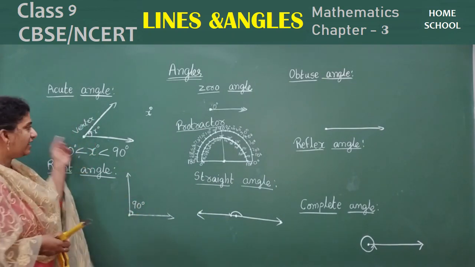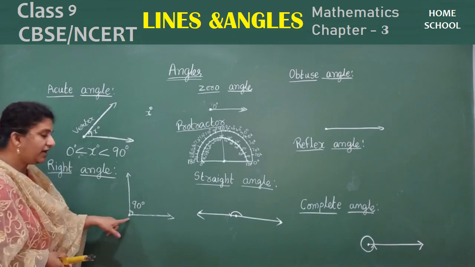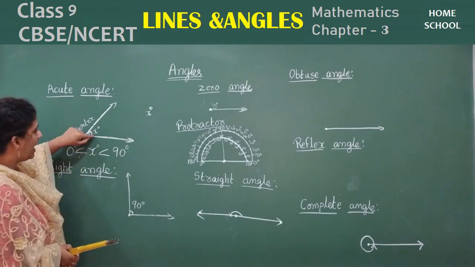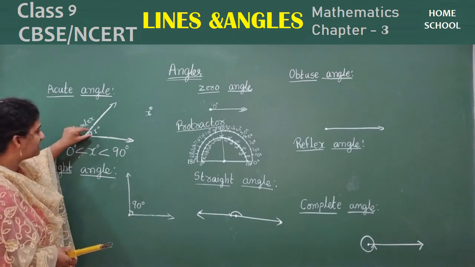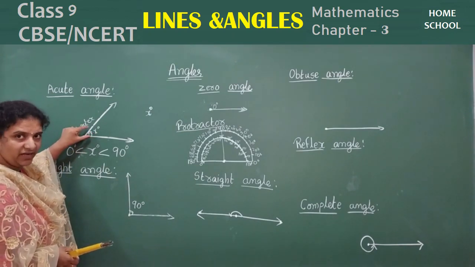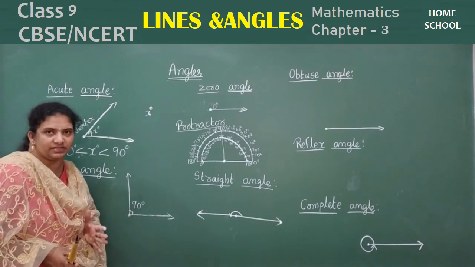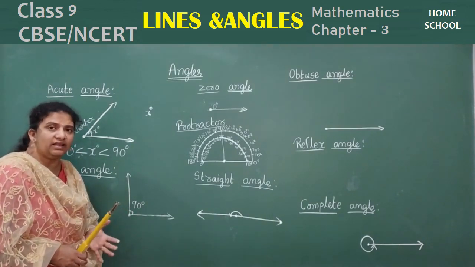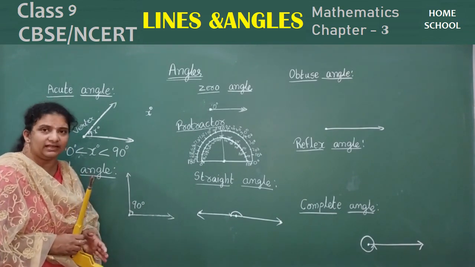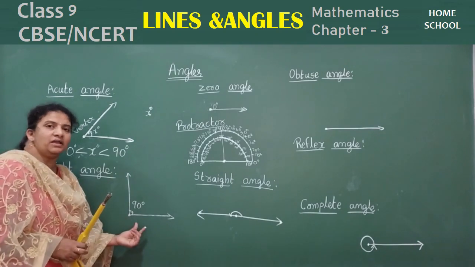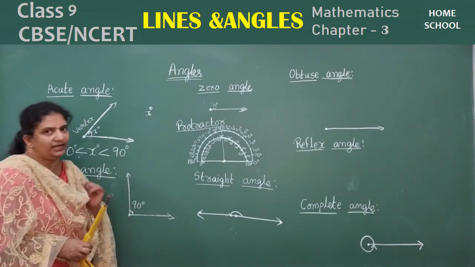In the acute angle there is a condition, the angle must be more than 0 and less than 90, but here the angle is fixed. That fixed angle is the right angle, or 90 degrees. The angle between the two arms is 90 degrees.